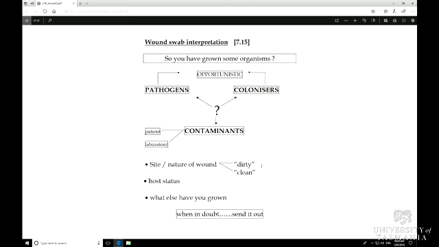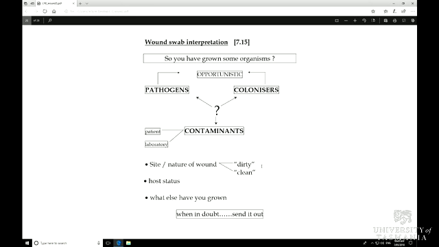Treat the other bug, it'll go away. But it may be a pathogen, depends on the host. So always the host determines what may or may not be important. And don't forget that quite often what you've grown is a contaminant, either from the laboratory, uncommon, but most often from the patient. Skin flora.